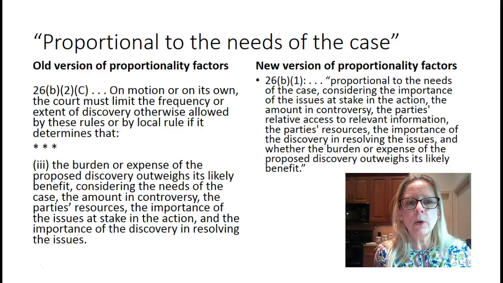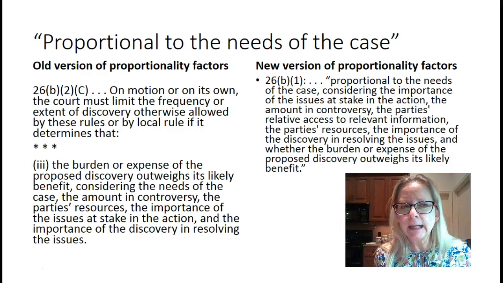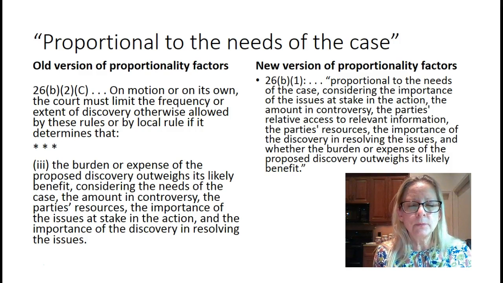They were just located in the next section, 26(b)(2)(C). So you can see how they look in the old version, pre-December 1st, 2015, and then the new post-December 1st, 2015 version is on the right side of the screen.